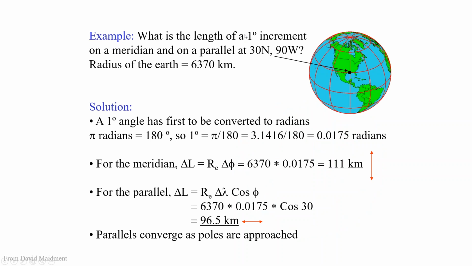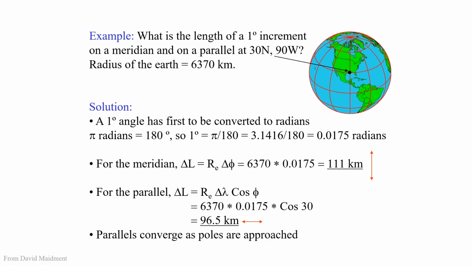Here's an example that works out for a 1 degree increment at 30 degrees north, and you can go through the math and you find that the latitude distance is about 111 kilometers and the longitude distance is about 96 kilometers. So parallels converge as the poles are approached. And you can think of 1 degree as approximately 100 kilometers depending on where you are on the Earth.